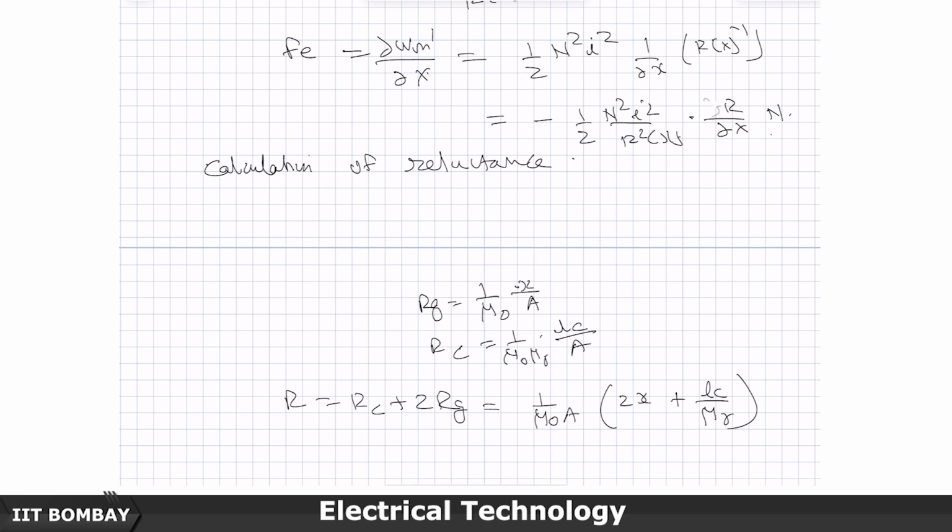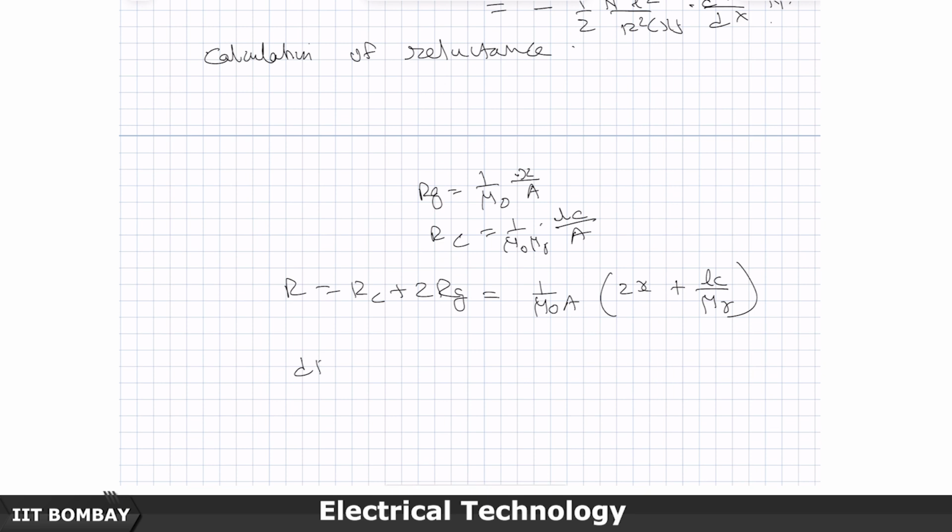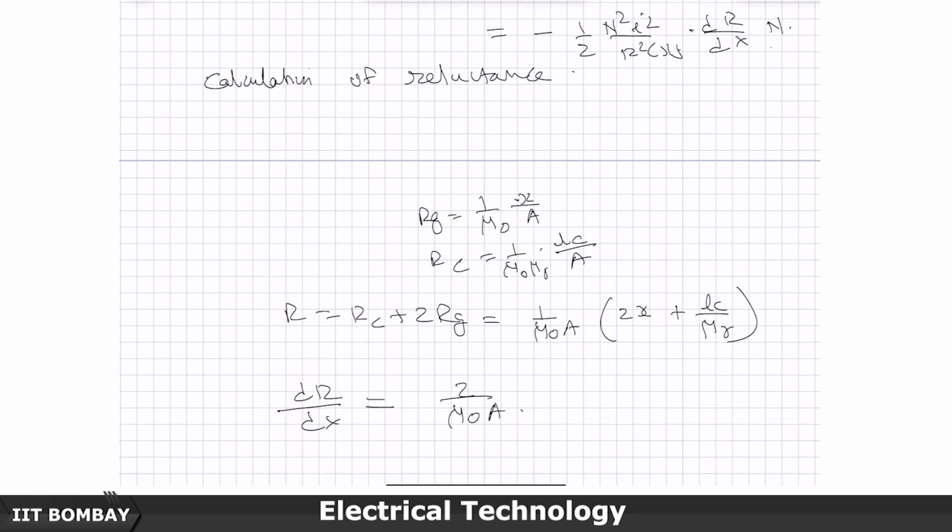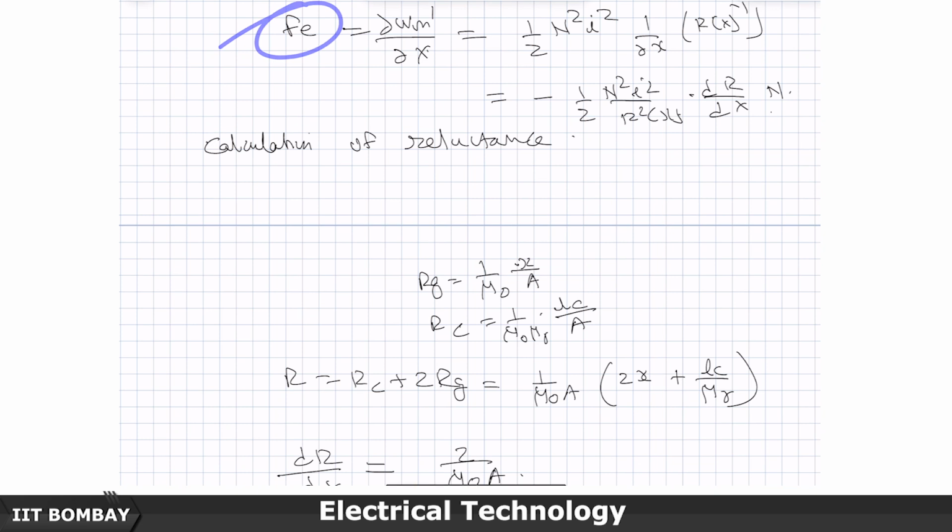Because it only depends upon x, dr by dx is going to be equal to 2 by mu 0 A, because L c by mu r will not give me any component, right. So, with this if I substitute it here, and this is my F e.